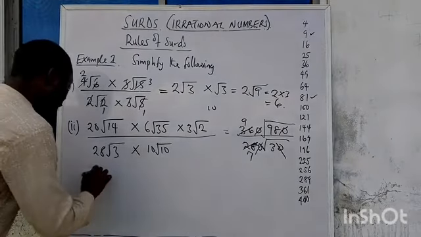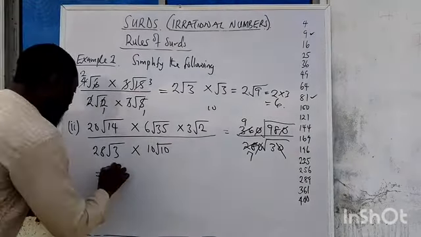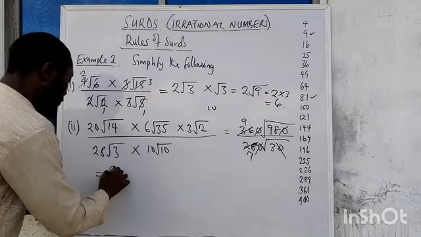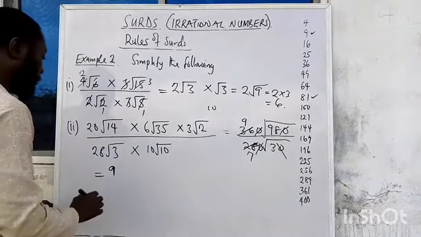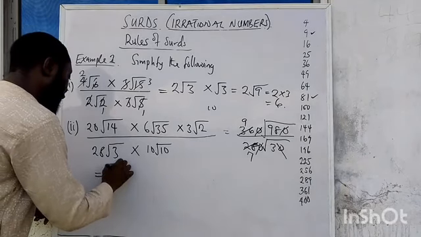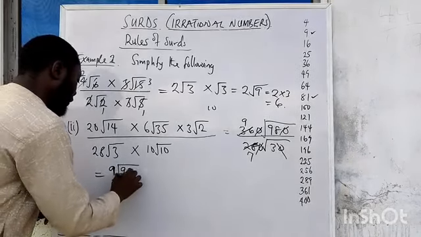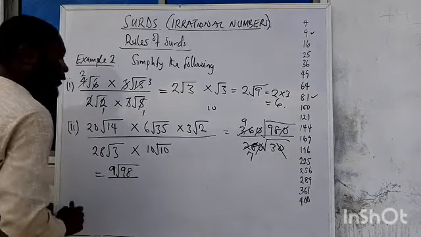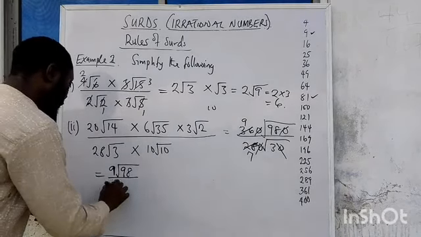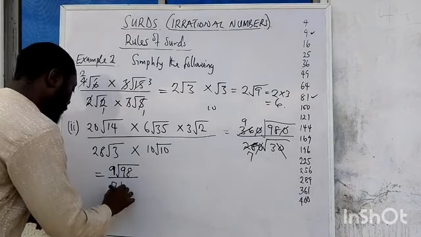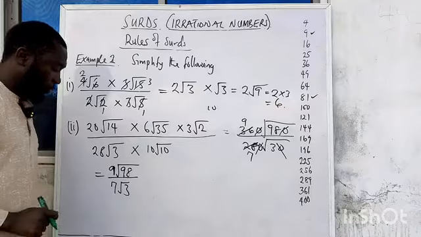So now we have 9 outside the root. Then what you have inside the root will now be 98 divided by 7 outside, square root of 3 inside the root.